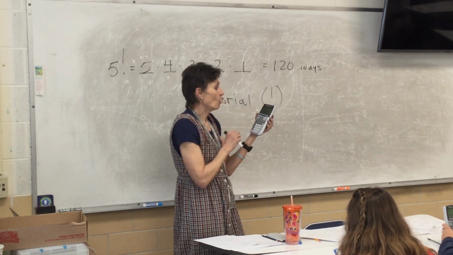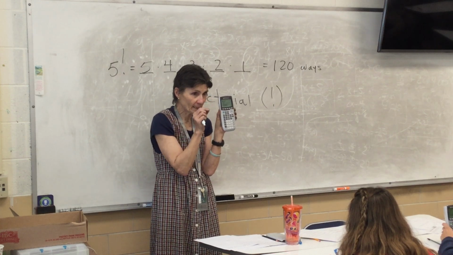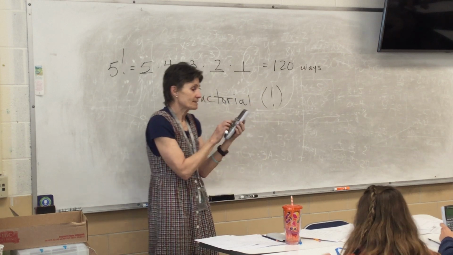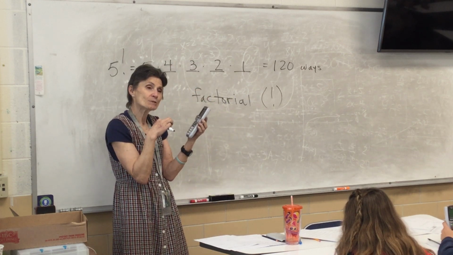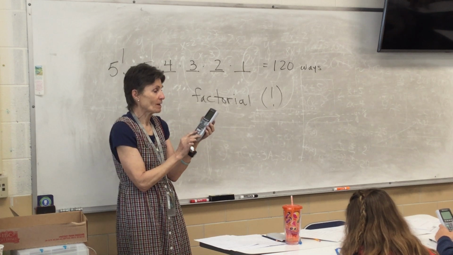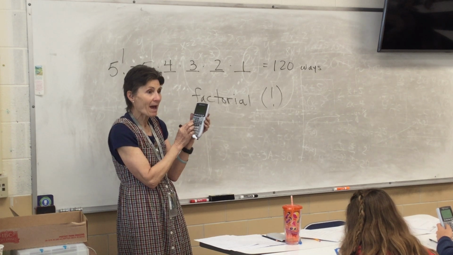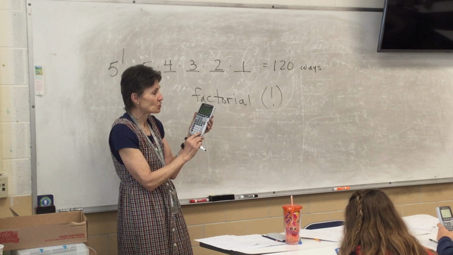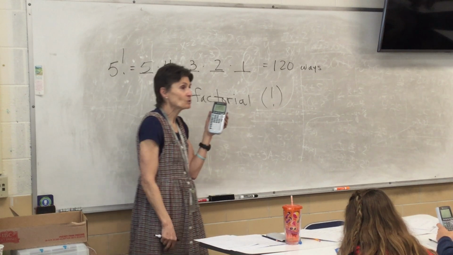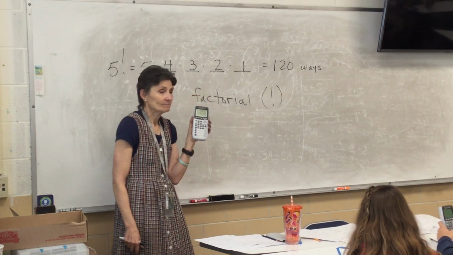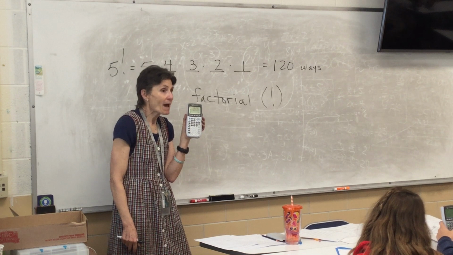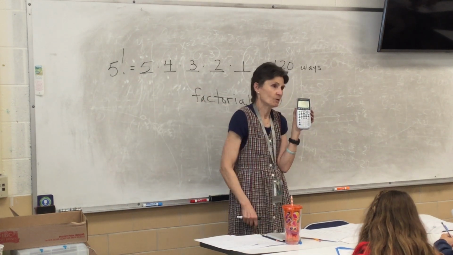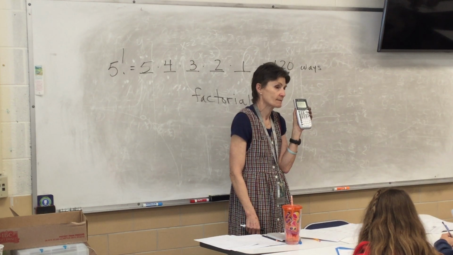So if you scroll over to probability and look in your list, do you see the exclamation point? All right, so second quit, because to use it, you got to put the number in first. So press 5, and then math, and then over to probability, and down to exclamation point. And did it say 120? So it doesn't matter anymore how many people or books we have. Our calculator will do all the multiplication for us.